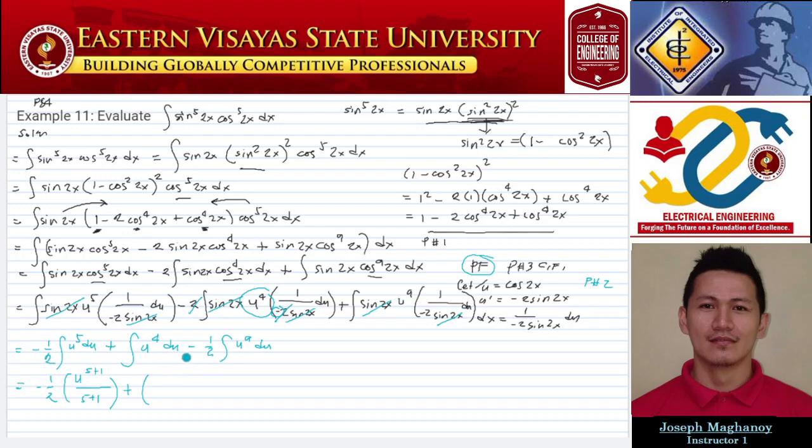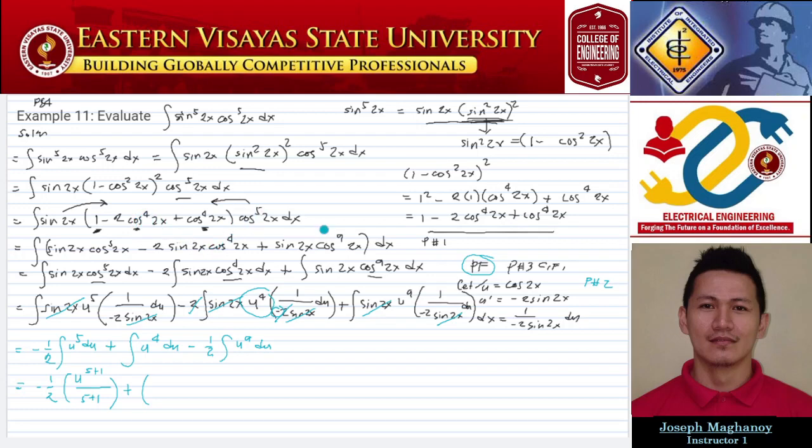Okay, let's review our solution first. So this is sine 2x, first term, 5 2 sine 2x, 5 going here.